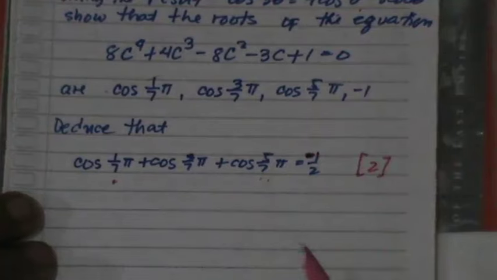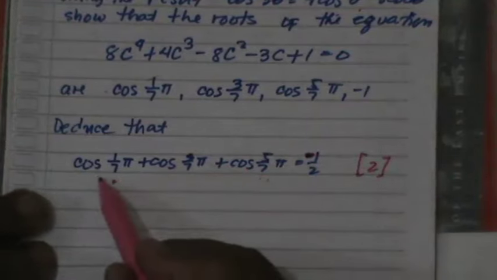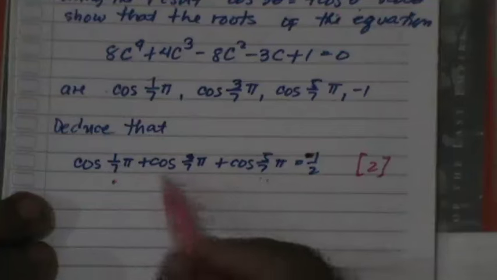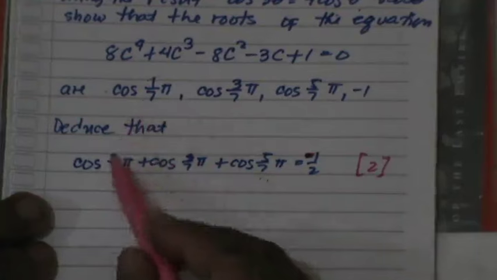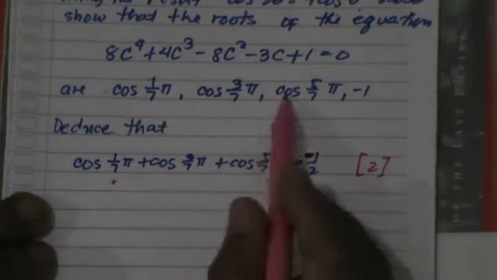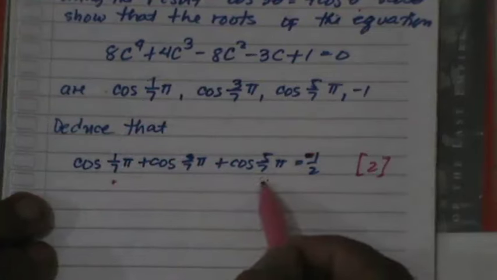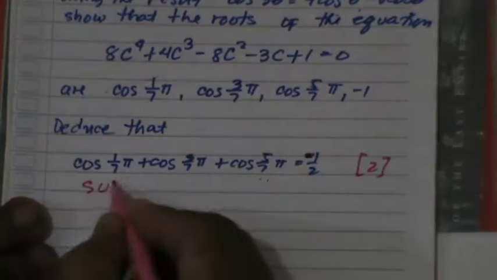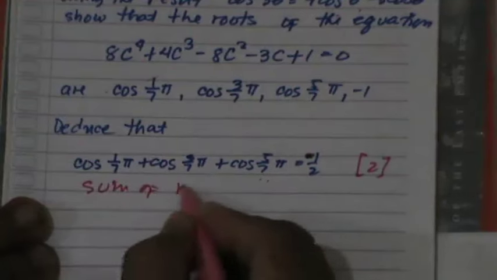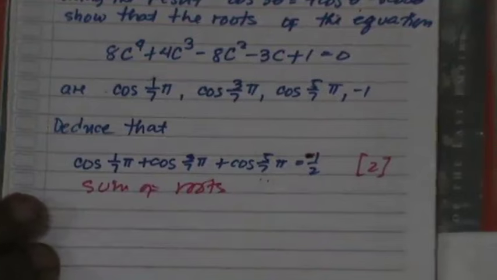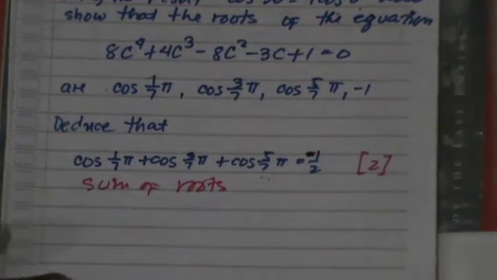So meaning, when you add all the roots, okay? This is now the summation, the sum of roots. And what is the sum of the roots?